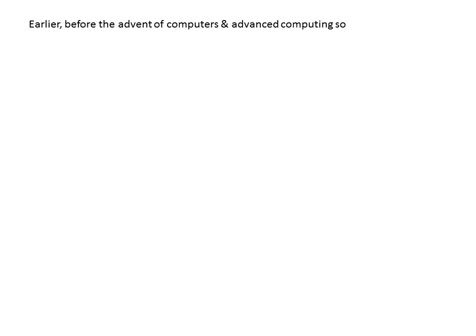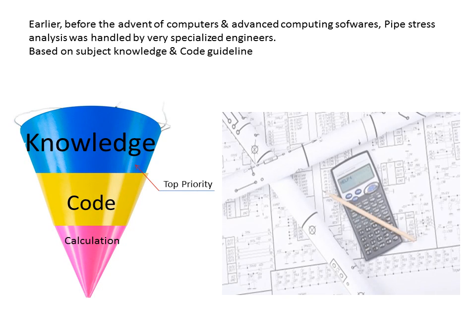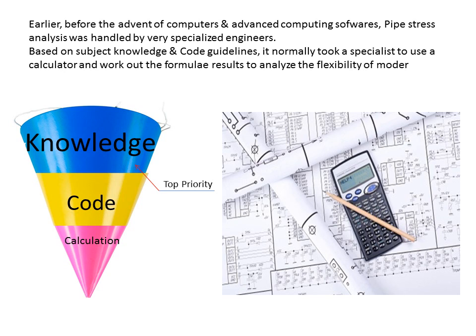Earlier, before the advent of computers and advanced computing software, pipe stress analysis was handled by very specialized engineers. Based on subject knowledge and code guidelines, it normally took a specialist using a calculator to work out the formula results to analyze the flexibility of a moderately complex piping system to absorb the thermal expansion of the pipe.